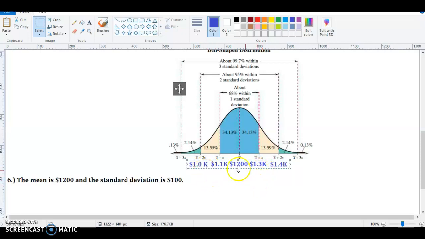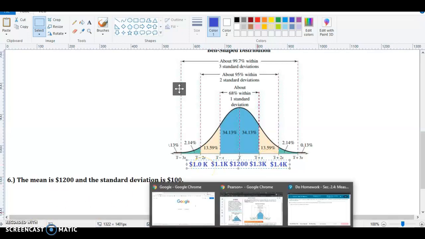In other words, I'm abbreviating here since I can't fit the values if I write them all out. So 1.1k is 1,100, 1.3k is 1,300, and so on and so forth. And then I've labeled the values that are 2 standard deviations to the right, and then 2 standard deviations to the left.